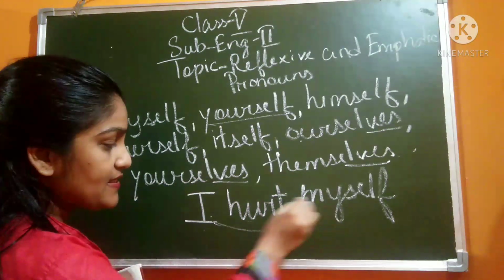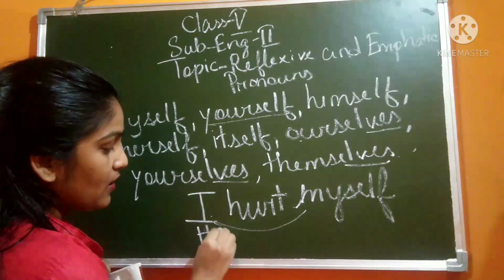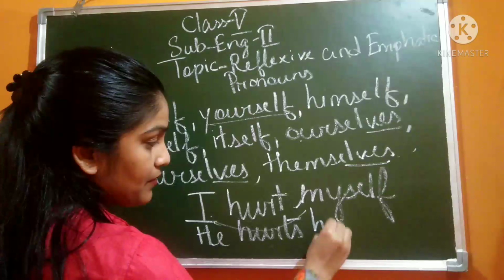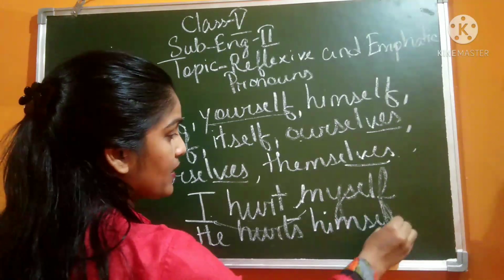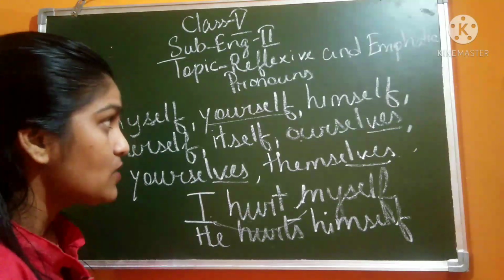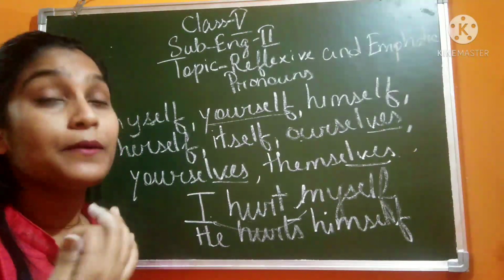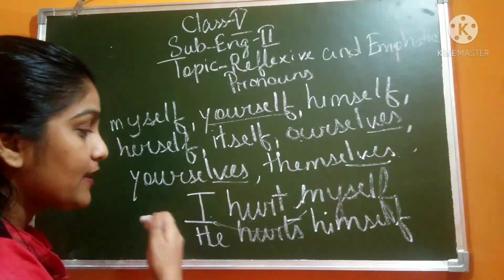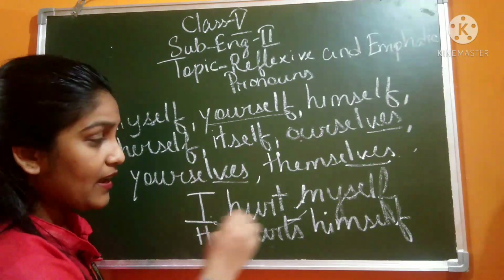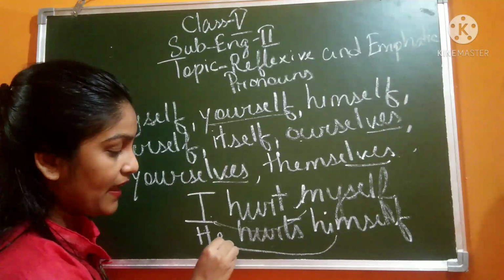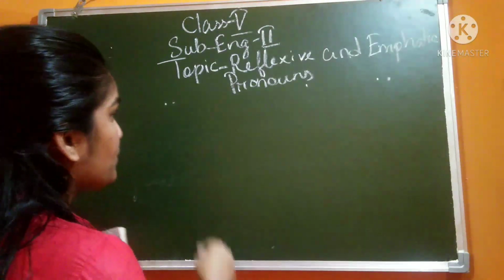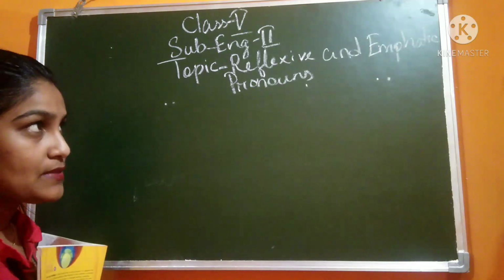Like he hurts himself, right? So this is used as an object. This is a reflexive pronoun where the action done by the subject turns back to the subject itself.